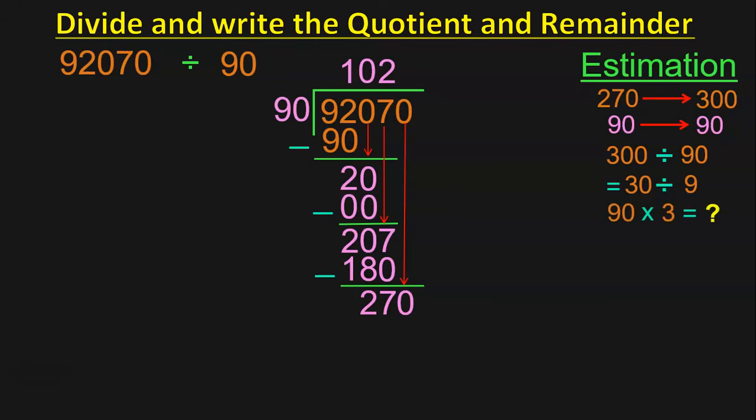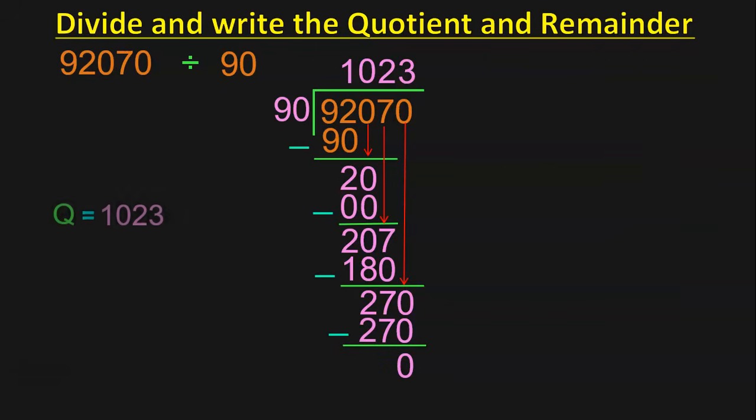So let us first try it out with the quotient to be 3. 90 into 3 is 270. We need only 270 over here. So let us take the quotient to be 3. 90 into 3 is 270. And when you subtract these two, you get the remainder to be 0. Very interesting, isn't it? So the quotient is 1023 and the remainder is 0.